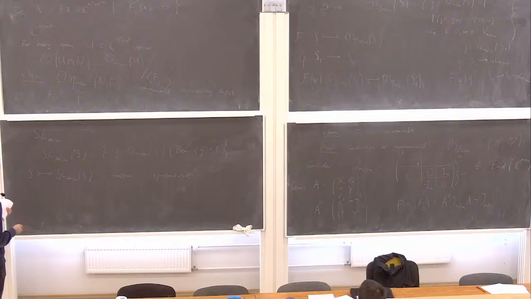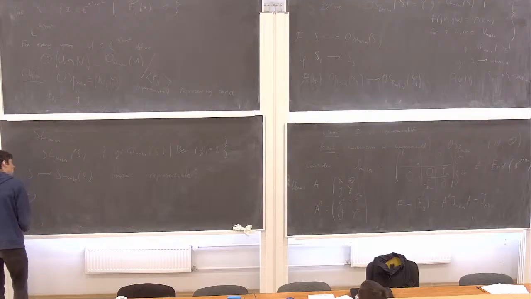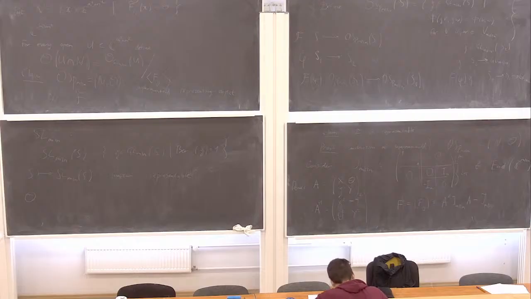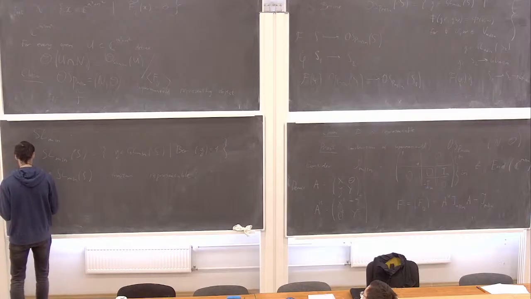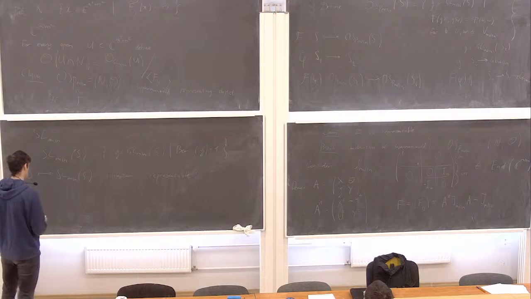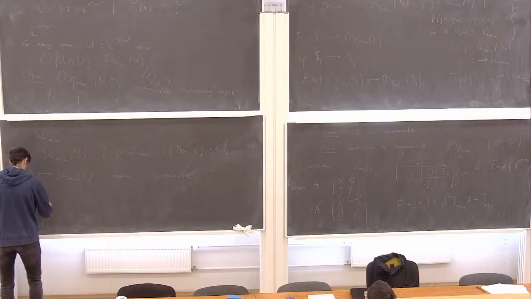Yes, I think the construction is just similar, right? So you have this matrix A. You have this matrix A. Well, the corresponding subspace SL(M|N), right?